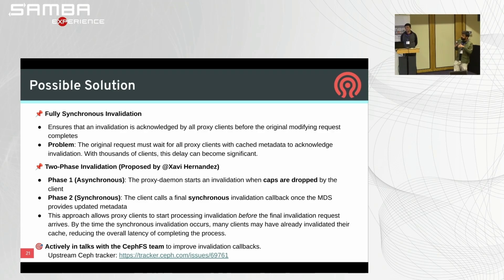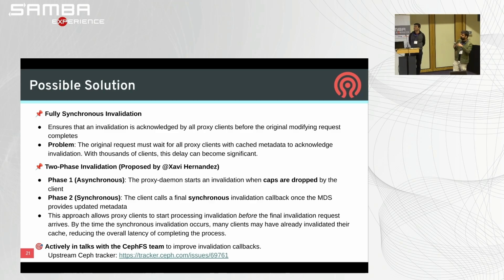Another solution has been proposed by Javi Hernandez, one of our colleagues. He says, how about we use a two-phase invalidation mechanism? In the first phase, we do the asynchronous invalidation, as it's being done so far, where caps are dropped, which is how it works in CephFS: once they release the lock from the inode, they say they are dropping the caps for that.